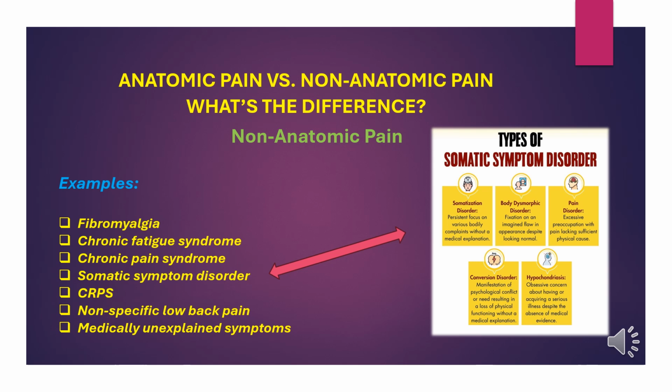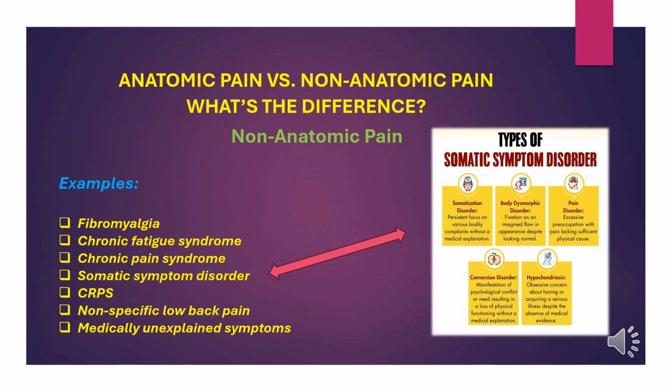That disorder is marked by extreme fatigue that does not improve with rest and cannot be explained by an underlying medical condition. We have chronic pain syndromes. These are persistent pain syndromes that last beyond the usual course of an acute injury or illness, often, again, without a clear anatomical cause. We have somatic symptom disorder.